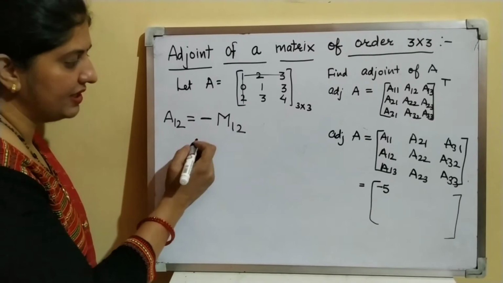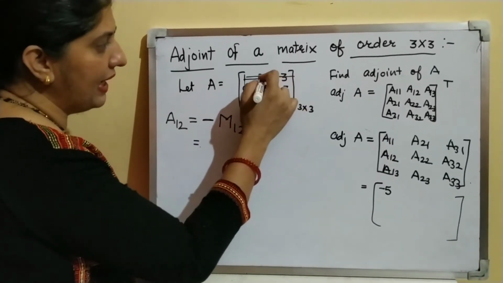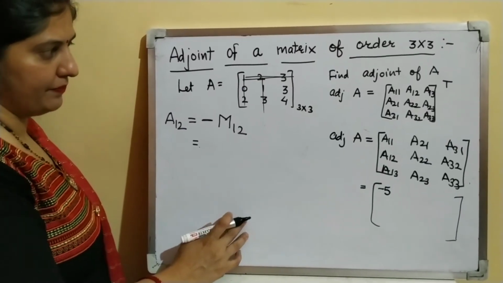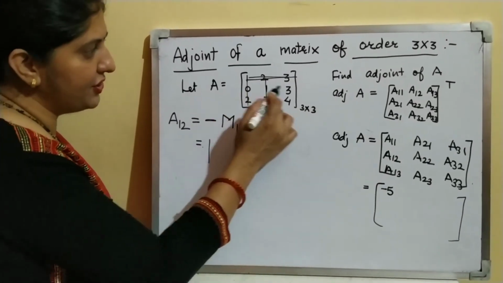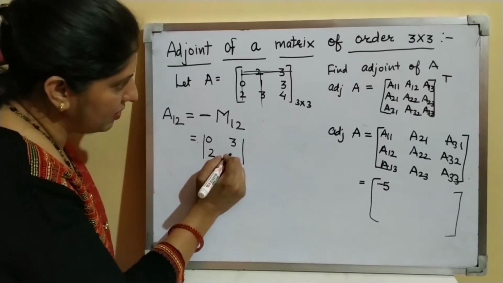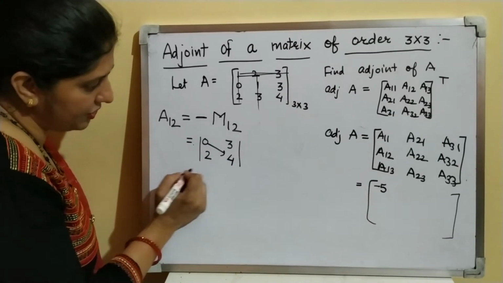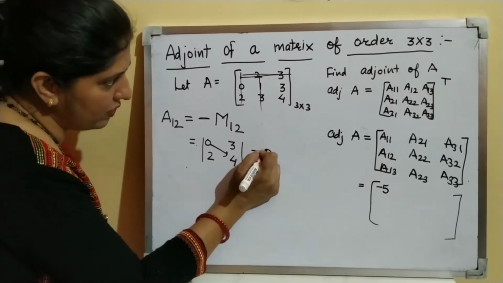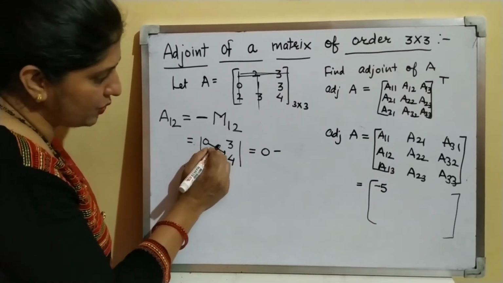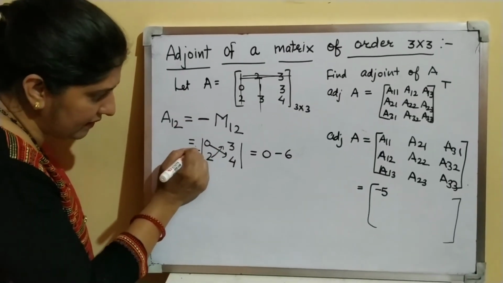Now just calculate the minor by deleting the first row and second column and take the determinant of the remaining entries. Just calculate the determinant: 0 into 4, 0, minus 2 into 3, 6. And remember, negative sign here.